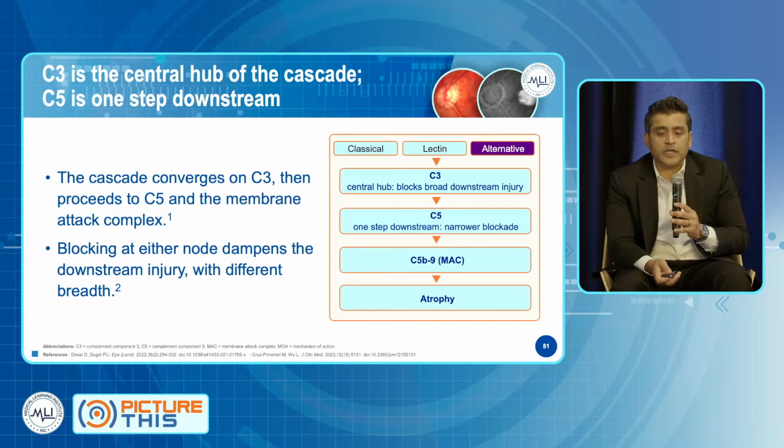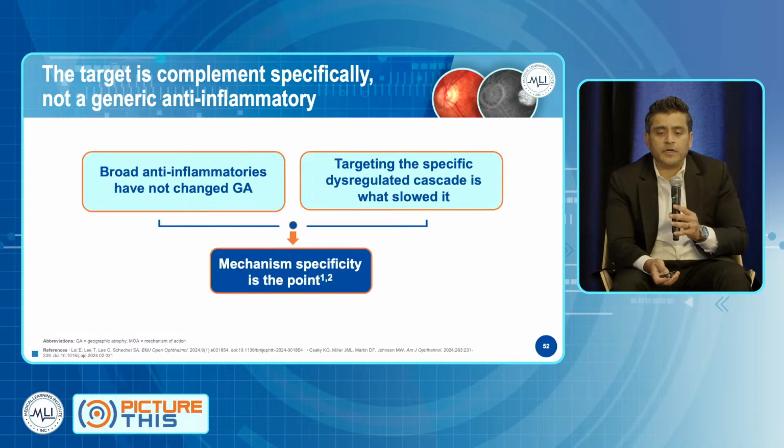So now let's look at specific components. I already covered that all the pathways come to C3, so blocking C3 is an ideal target. Then downstream you have C5, so you can also target C5 and help control the inflammation because of the hyperactive complement system.